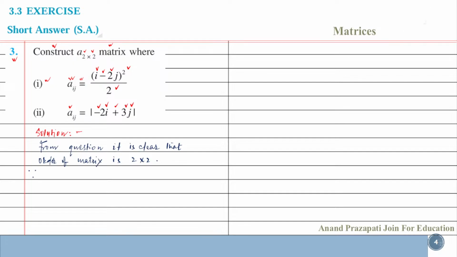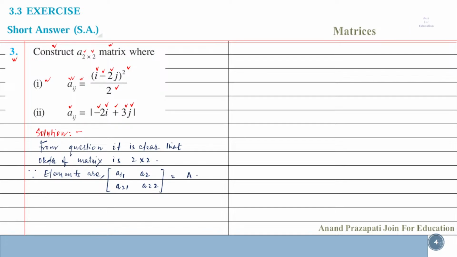Therefore, the elements are A11, A12, A21, A22. Suppose this is the matrix.